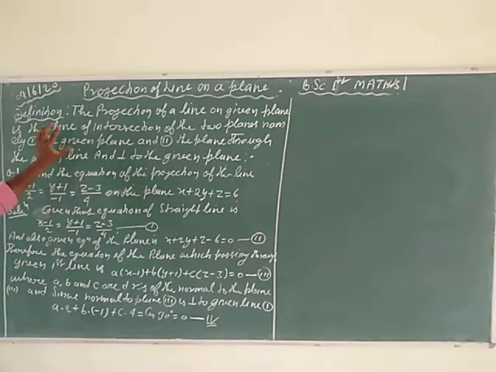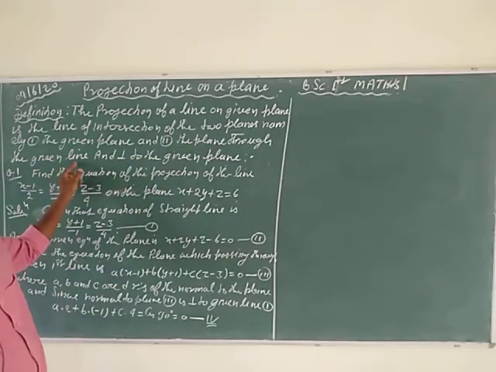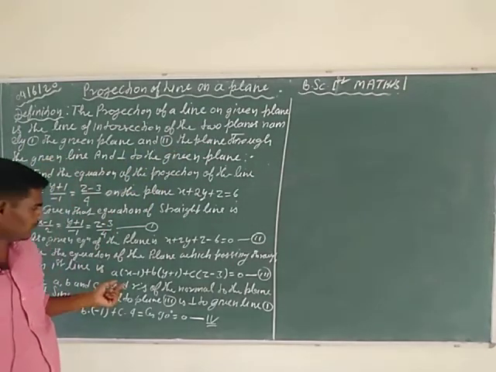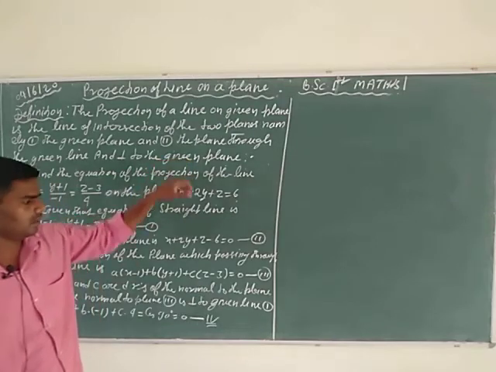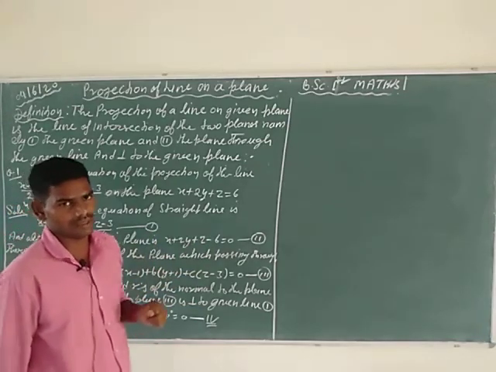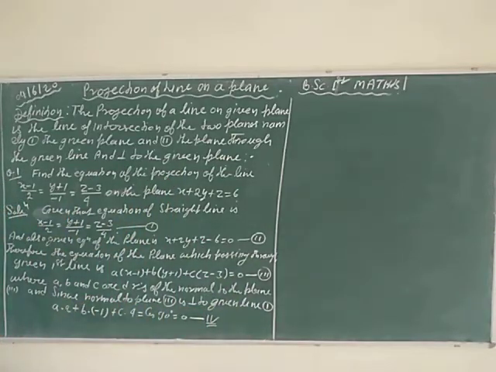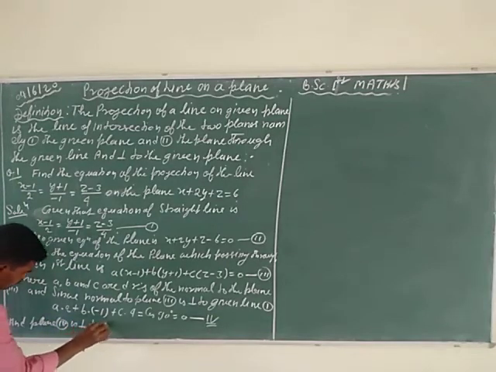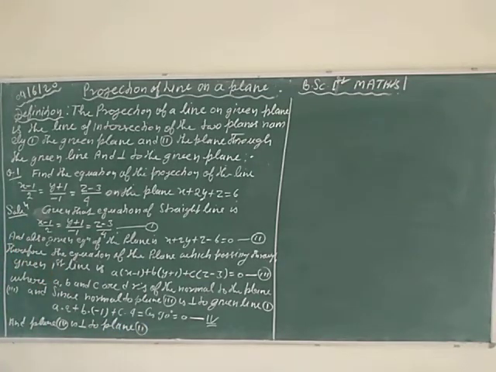So according to the definition, from the second point, the plane through the given line is plane third and must also be perpendicular to the given plane, means plane third must be perpendicular to plane second.